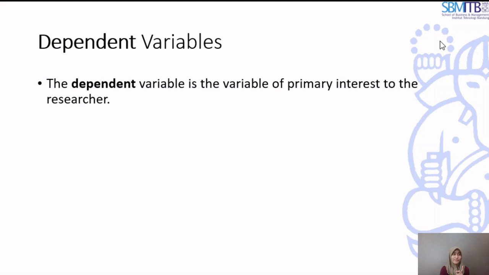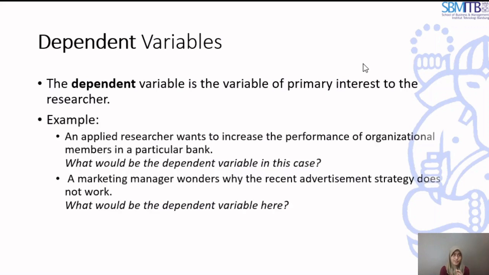Dependent variable. The dependent variable is the variable of primary interest to the researcher. For example, an applied researcher wants to increase the performance of organizational members in a particular bank. What would be the dependent variable in this case?